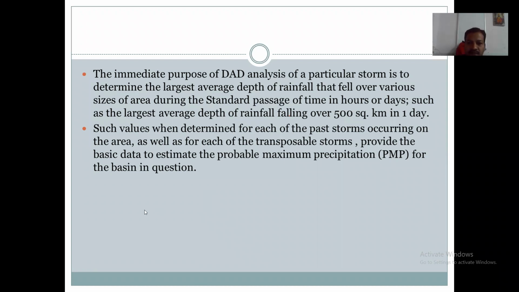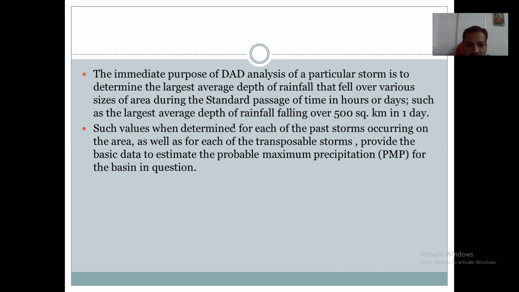So in the graph plotted between these areas and mean average rainfall, to determine the largest average depth of rainfall that is falling over 500 square kilometer per day, for 1 day.